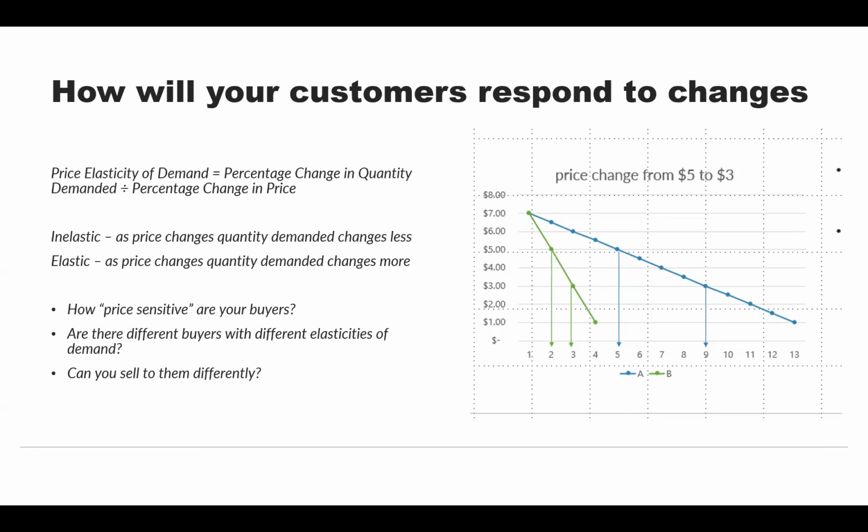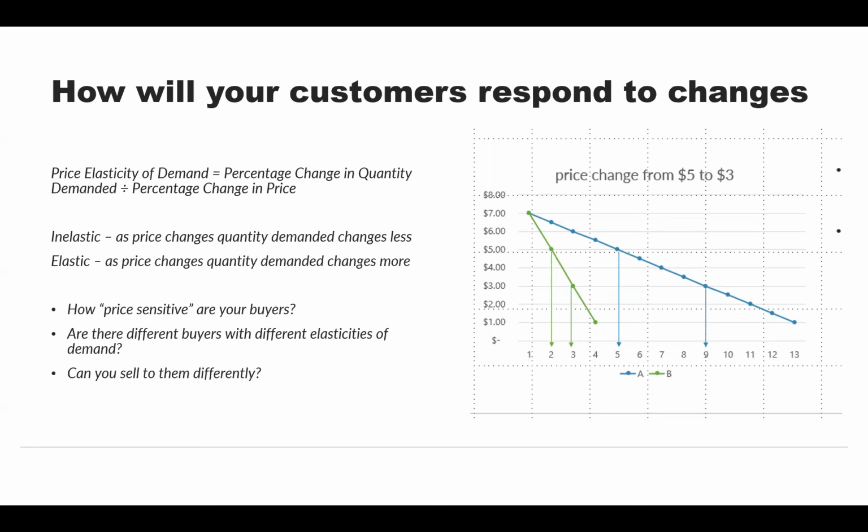There are some customers that, as price changes, don't change how much they demand that much. So inelastic people are more price insensitive. They pretty much buy what they buy. Whereas people who are price elastic, as price changes, the quantity demanded changes more.